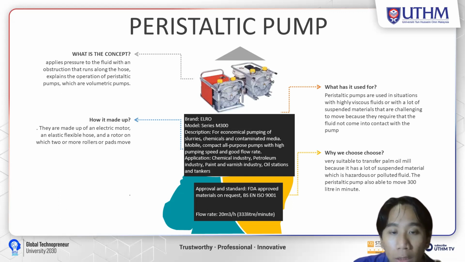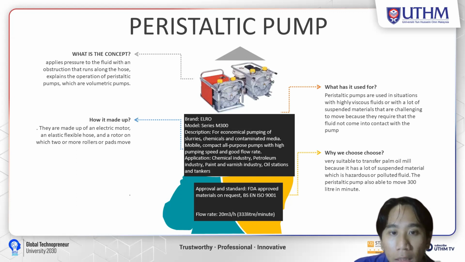So this is the model that we chose. The brand name is Eldro, and the model series is M300. The description: this is for economical pumping of slurries, chemical and contaminated media, and pumping for general purposes with high pumping speed and good flow rates.